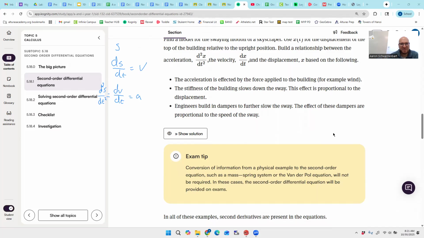The acceleration is affected by the force applied to the building. So acceleration is affected by force, correct?